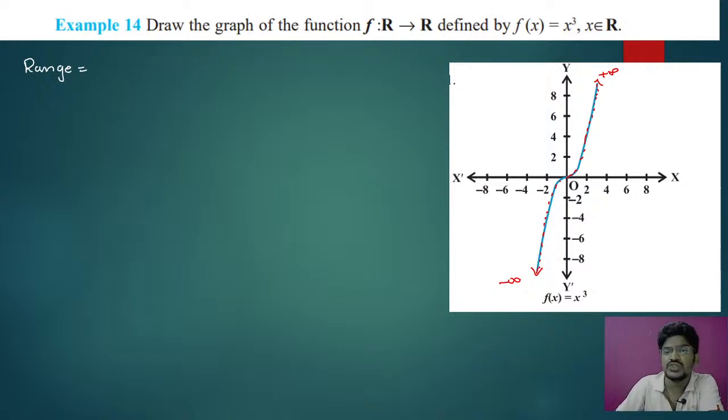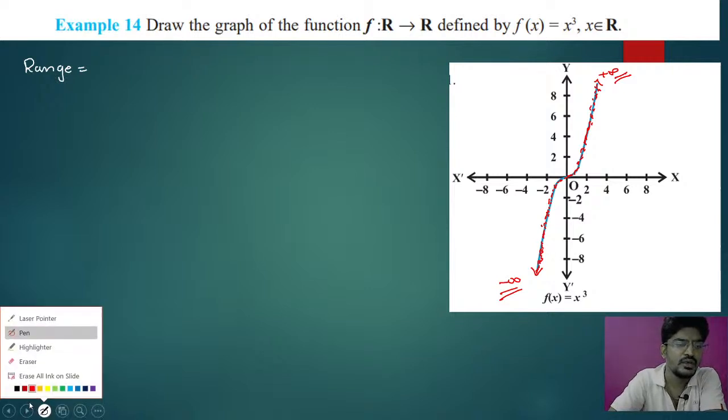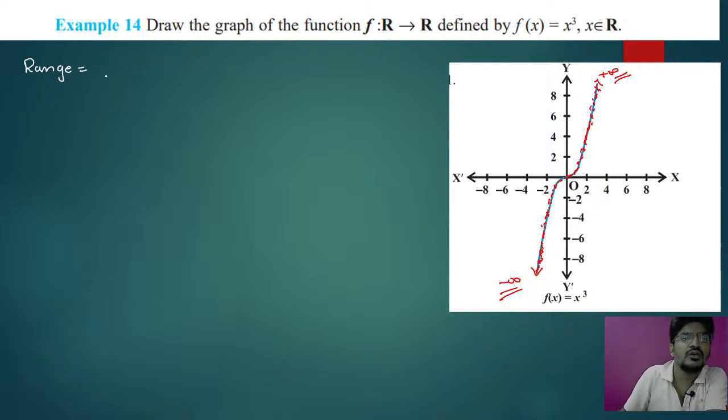Okay. So if the graph is present, the graph is nothing but the collection of images. The collection of images is called what? Range. So see here, from negative infinity to positive infinity, there is a graph. So that means it is from negative infinity to positive infinity. It is open at negative infinity, open at positive infinity.